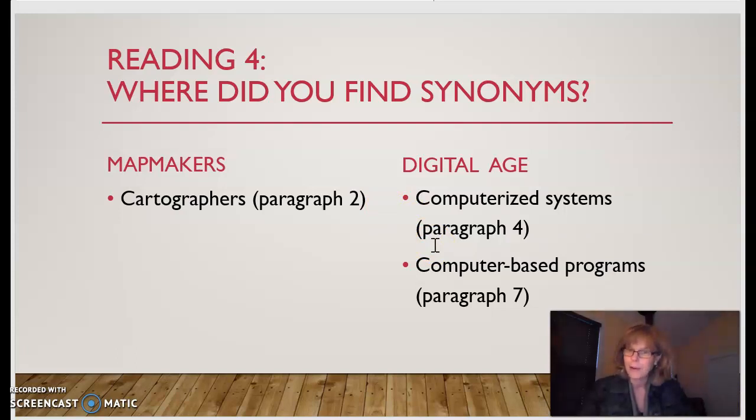And that's a reference to the digital age, to computers. In paragraph 7, looking ahead, it refers to computer-based programs. And again, that's touching on this idea of the digital age. So I want you to keep all this in mind, map makers, cartographers, and this digital computerized system that we're using.